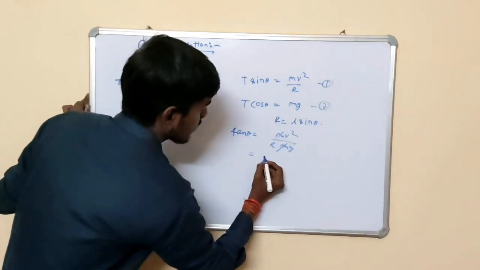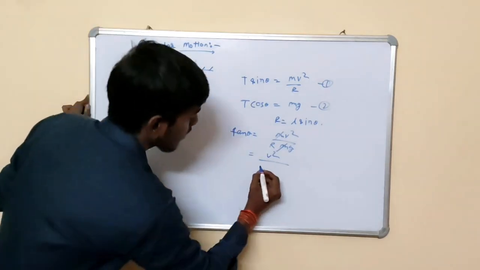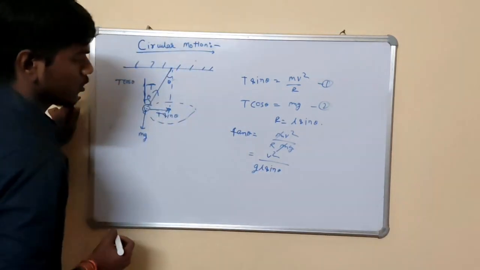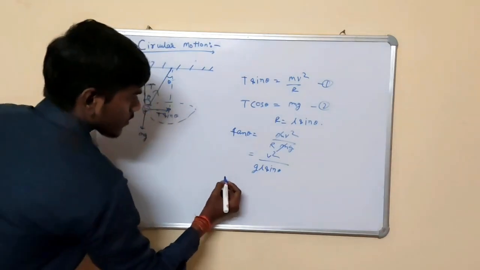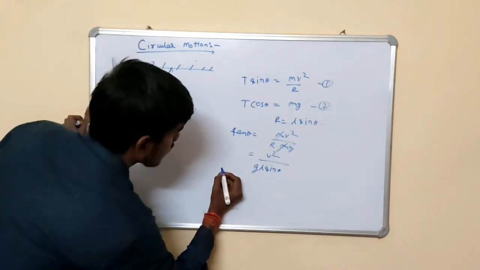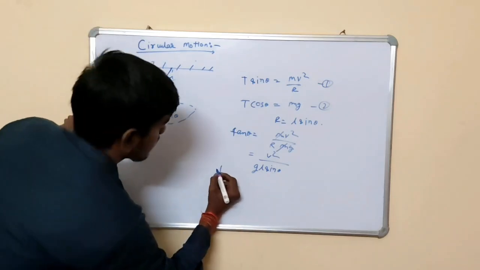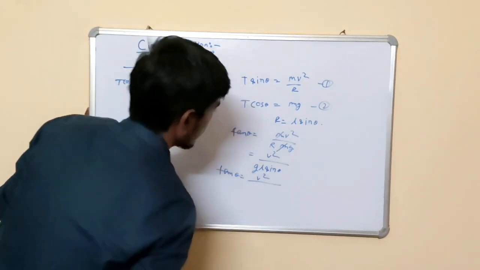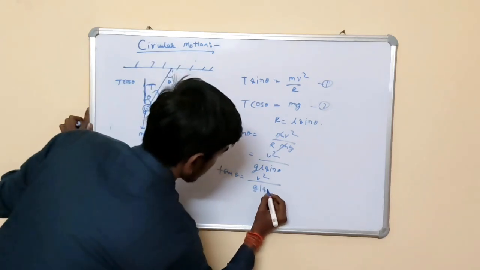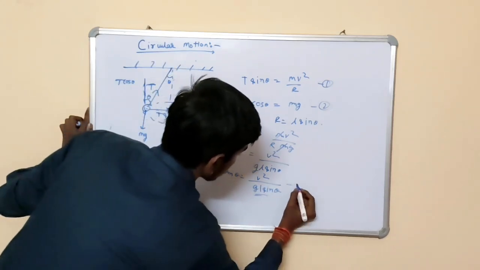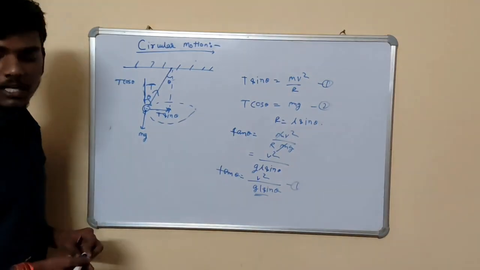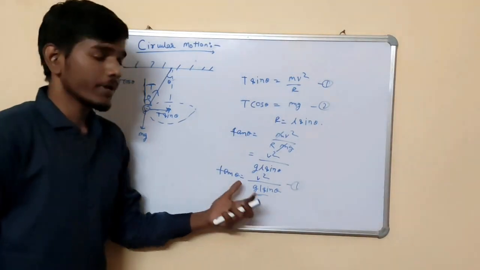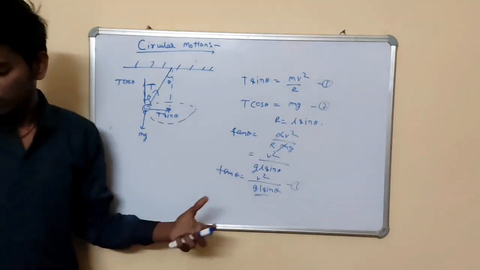After putting the value of r as L sin theta, tan theta equals v square upon g L sin theta. So this is a simple relation. We can use this relation to find omega and also the time period.